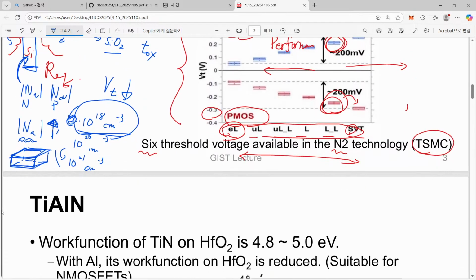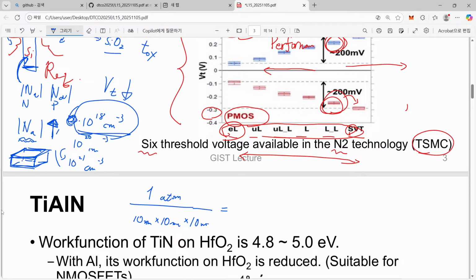Let me give you one example. Let's say that there is one additional dopant atom, and it is found in a 10 nanometer by 10 nanometer by 10 nanometer cube.